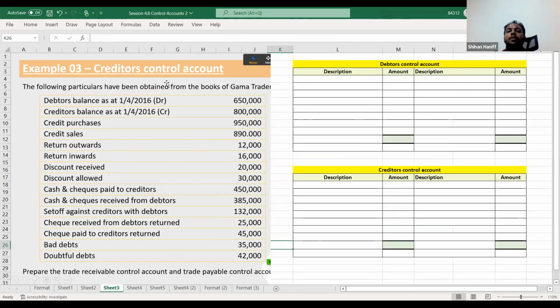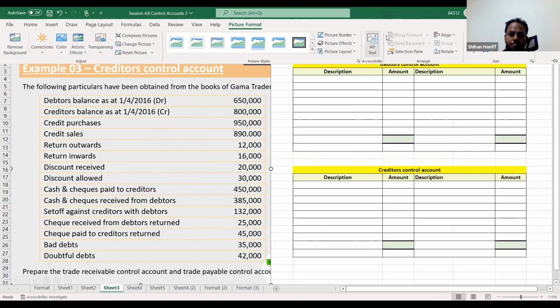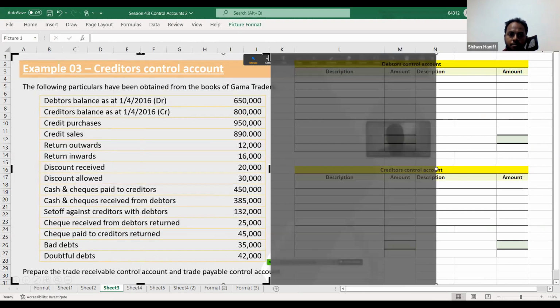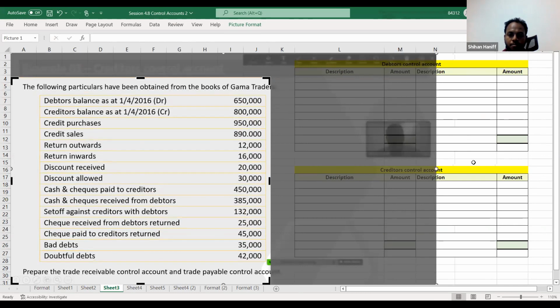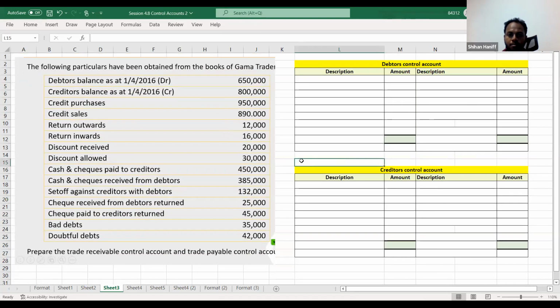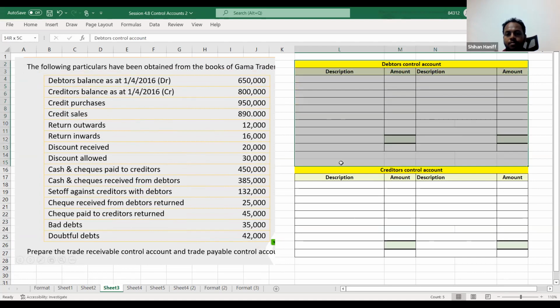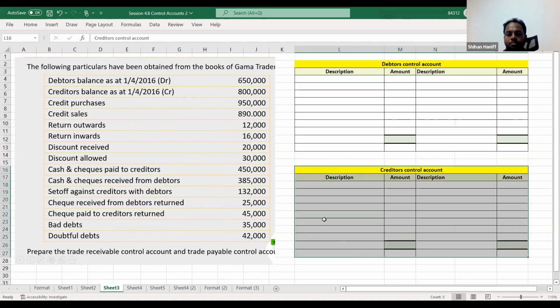There is a question on creditors and debtors control. The following particulars have been obtained from the books of Gamma Traders: debit balance, credit balance, credit purchases, sales, returns inwards, returns outwards, discount, payment receipt, bad debt, doubtful debt. Can you put these transactions into the control accounts?